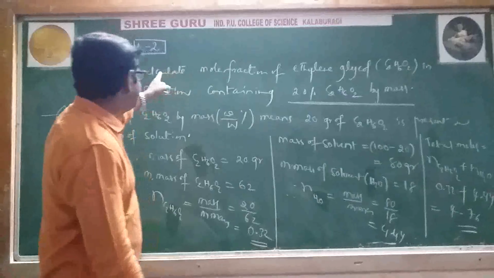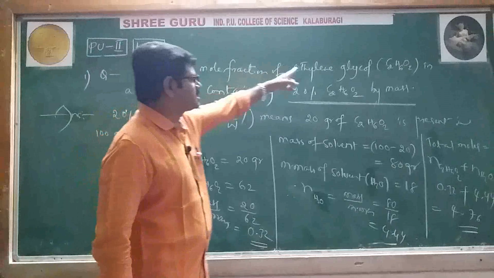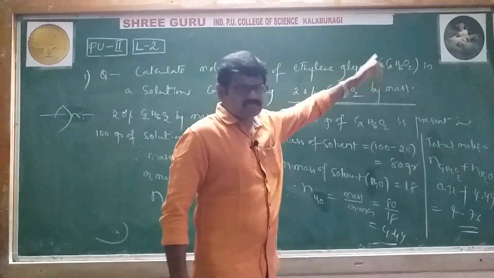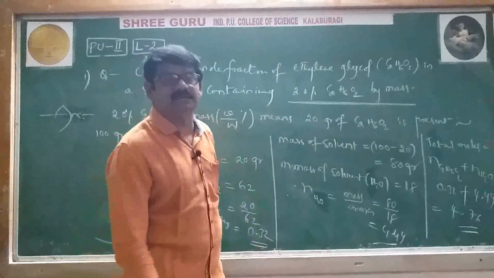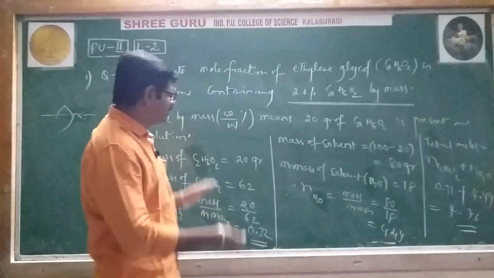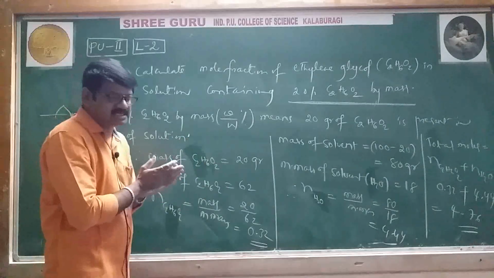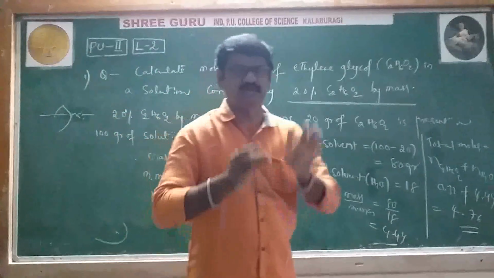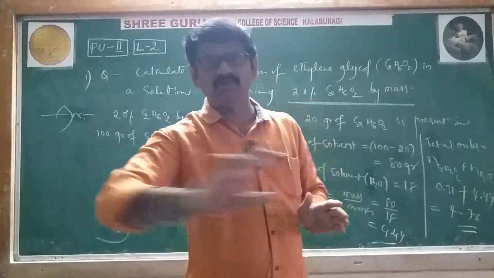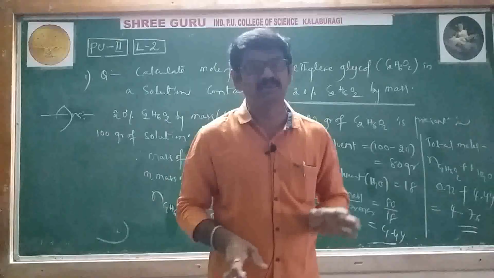Remember, what is asked? Calculate the mole fraction of ethylene glycol. Still, we have not calculated the mole fraction of ethylene glycol. Till now, we have calculated just moles only, because without moles, mole fraction is not possible to calculate.